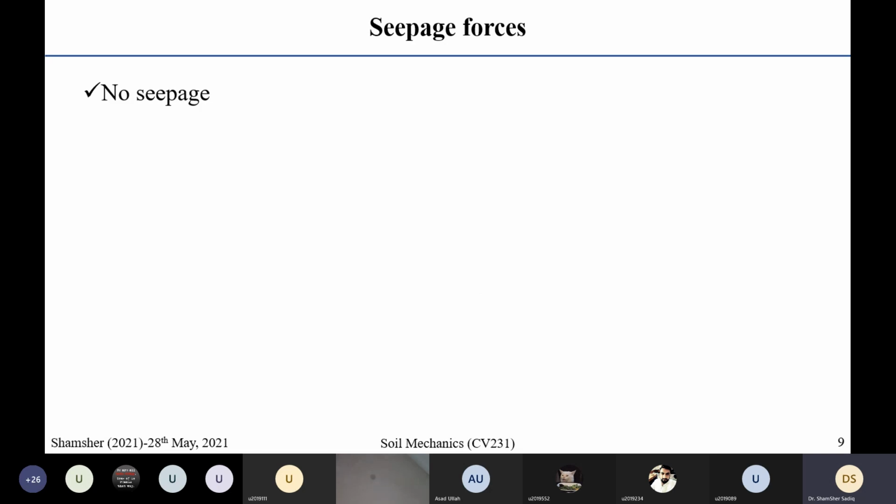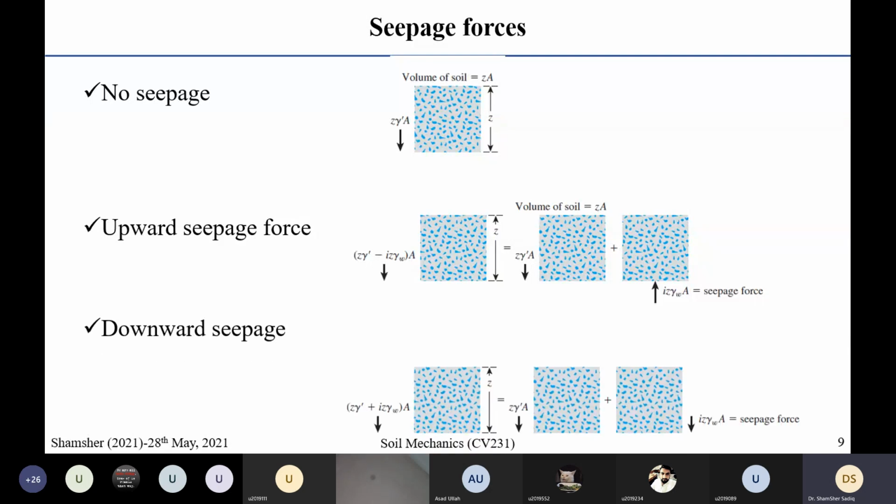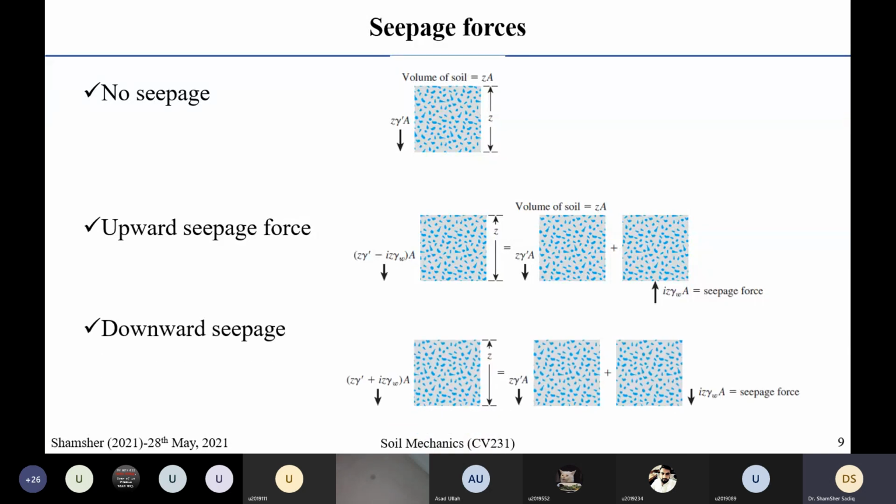Now let's see. In this lecture we talked about the no seepage condition, the upward seepage condition, and the downward seepage condition. This was the seepage force, and this is the effective stress in upward seepage, and if you multiply it with A, this will become the effective force.